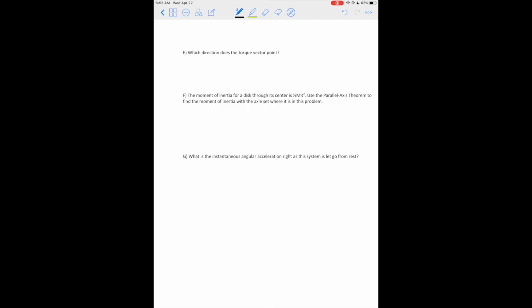Next page, which direction does the torque vector point? We just talked about this a little bit, with how the torque tries to make the system move counterclockwise versus clockwise. You spin your fingers in that direction, and the way your thumb points shows the direction of the torque vector.